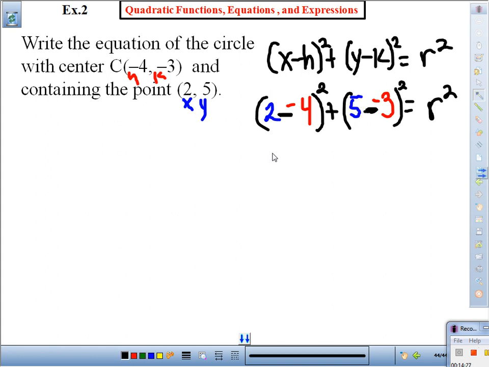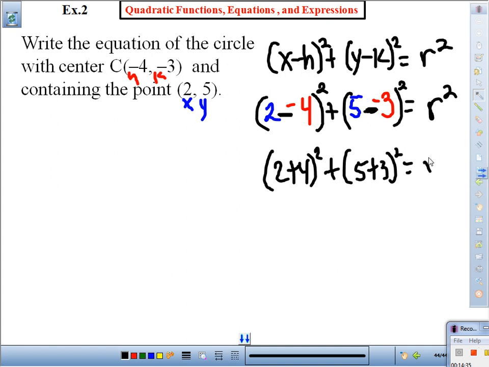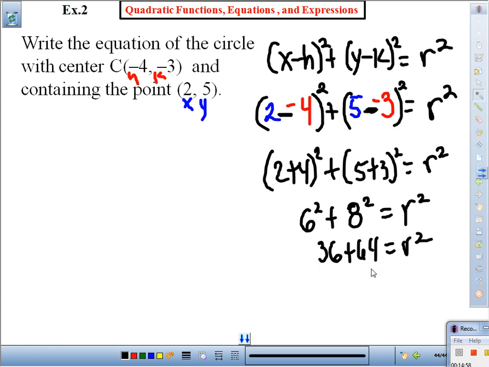Simplify. 2 plus 4 squared plus 5 plus 3 squared equals R squared. You'll finish copying right now. Simplify. 6 squared plus 8 squared equals R squared. 36 plus 64 equals R squared. 100 equals R squared.